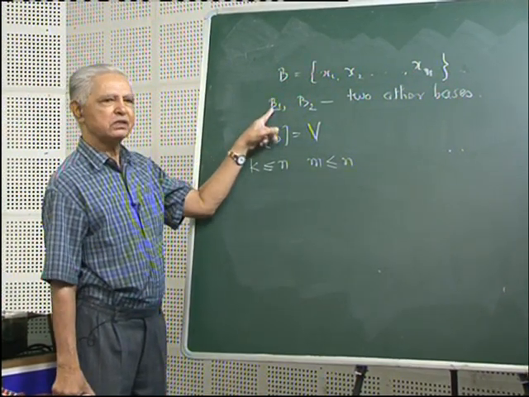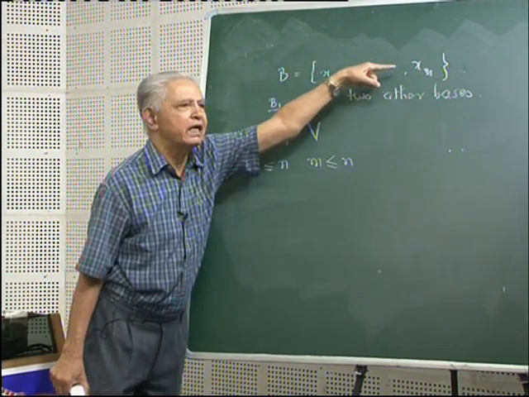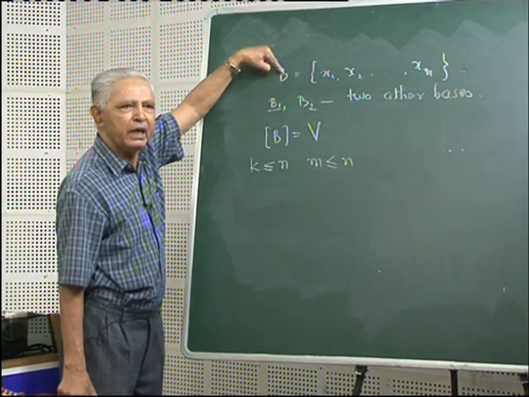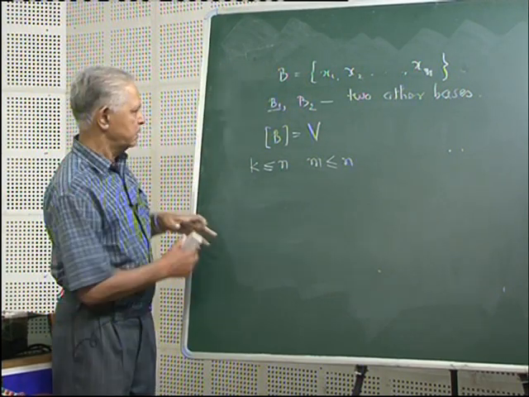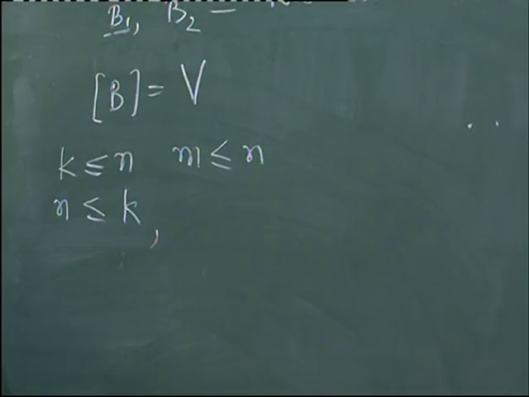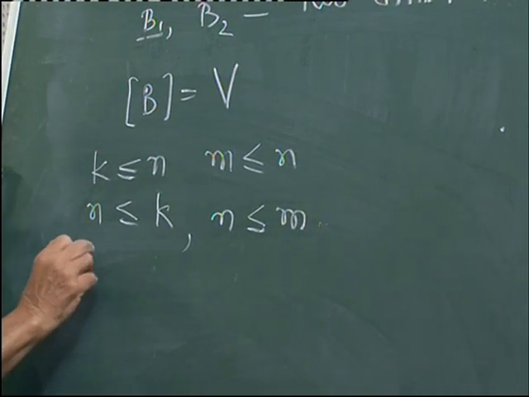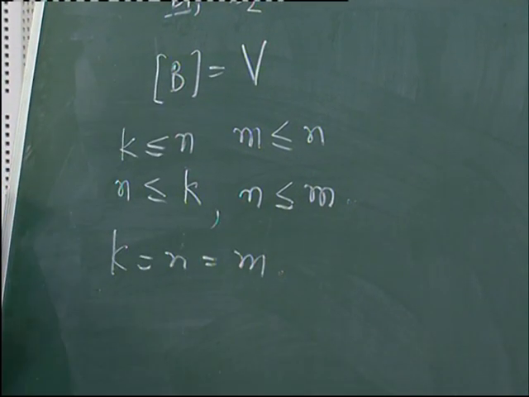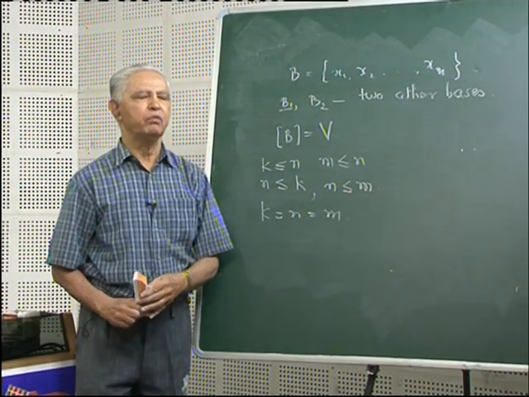B1 is a basis, B2 is also a basis, that means all the vectors are linearly independent, and so the number of elements in B must be less than or equal to the number of elements in B1. That means we get n less than or equal to k, and similarly n less than or equal to m, and that implies k equals n equals m. So, any two bases B1 and B2 have the same number of elements.